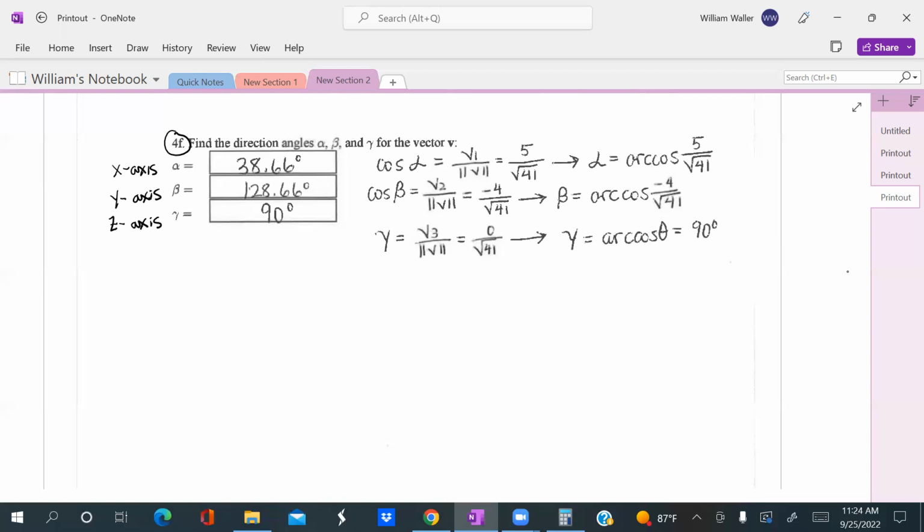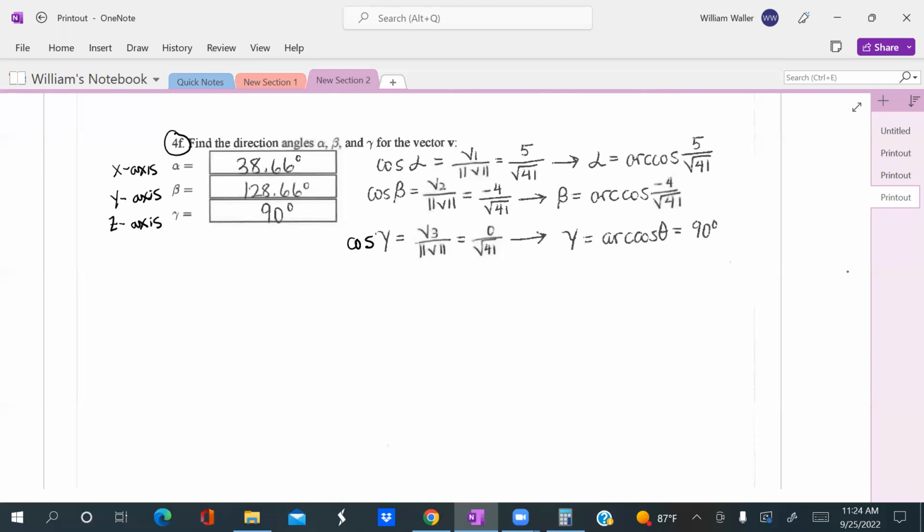And the cosine of gamma is going to be the third component of the vector, the z component, I'm sorry, the k component of the vector, divided by the magnitude of the vector.